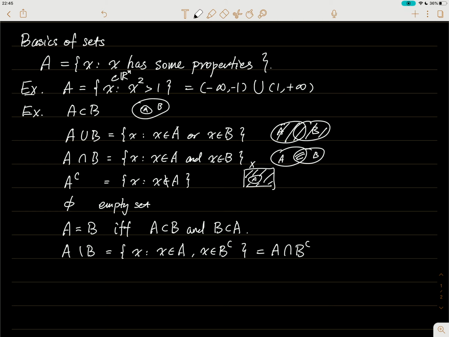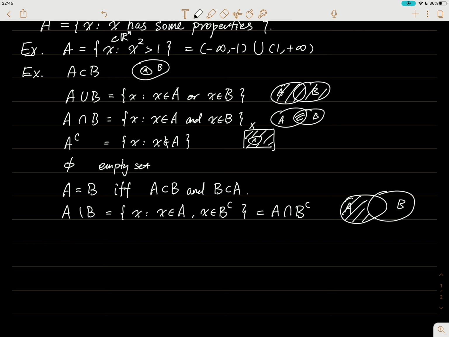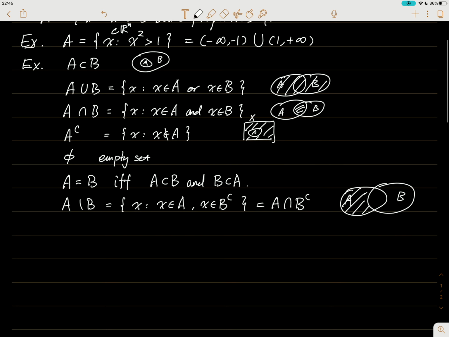So what that means is you have this A here, you have this B here. Then A minus B will be the area in A but not in B. Okay, so it'll be this shaded area here. So that's the set minus. You can see more examples.